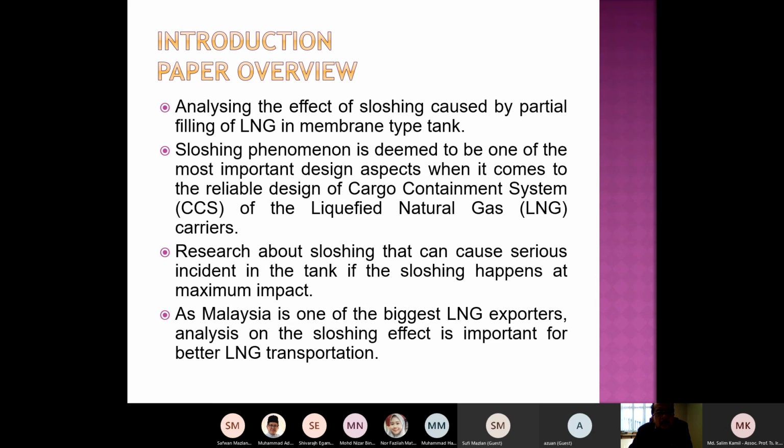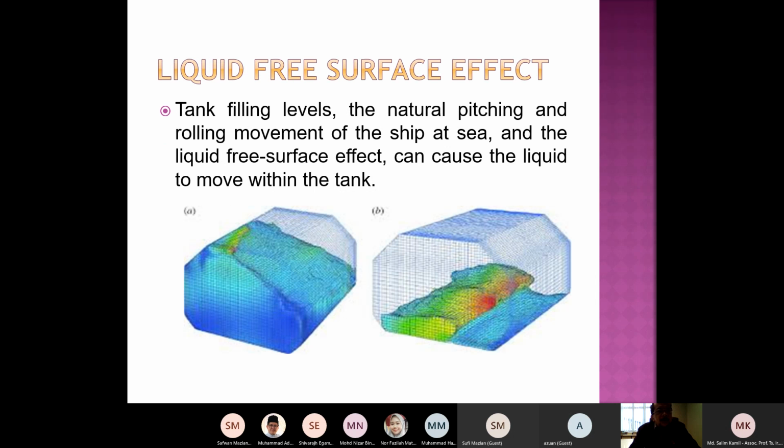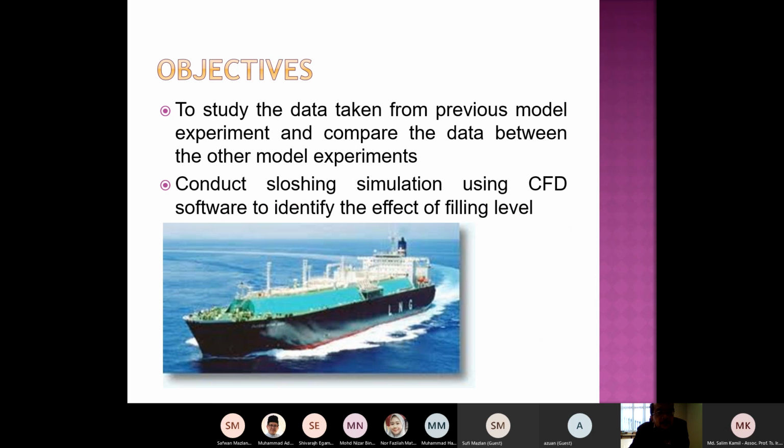Okay, you can comment while I'm presenting, no problem. So free surface effect, tank filling level, natural pitching and rolling movement of the ship at sea, and liquid free surface effect cause the liquid to move. So this is how you have the sloshing for the tank.